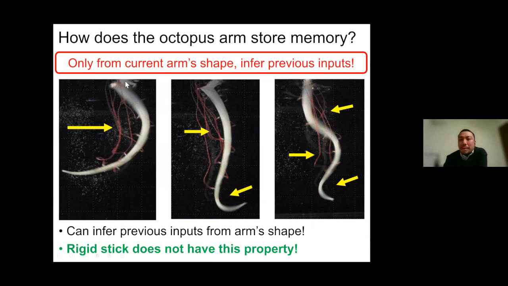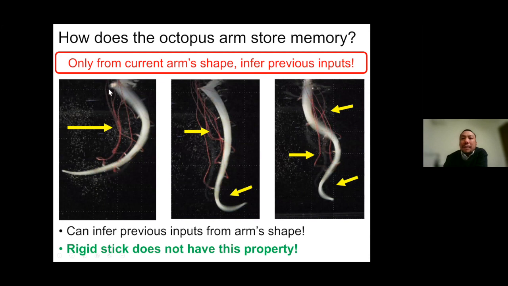Because the motor part is the input, right? Because we have bending sensors, by collecting these bending sensors, we can somehow correspond this sensory value to the shape, right? So by checking the shape, can we reproduce the previous inputs? That's the task we are solving.